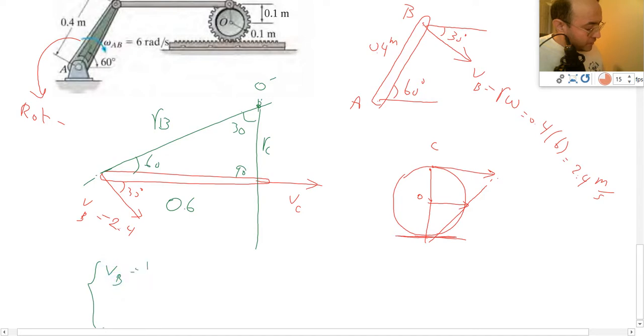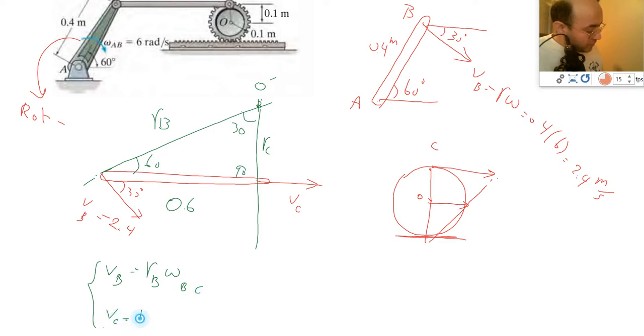So velocity of B is equal to RB omega BC, and velocity of C is equal to RC omega BC. From the first equation, we already calculated the length of RB on the top, which ended up as 1.2, and the length of RC ended up as 0.72.